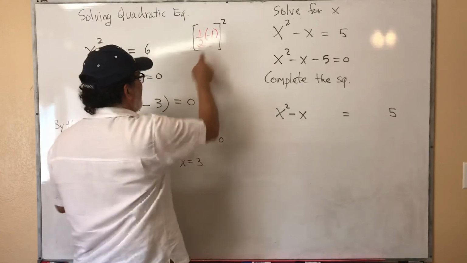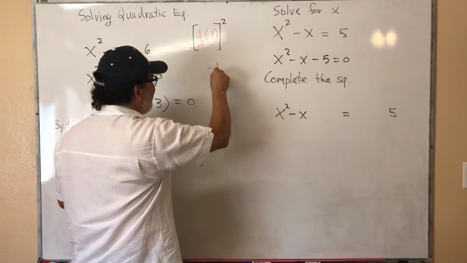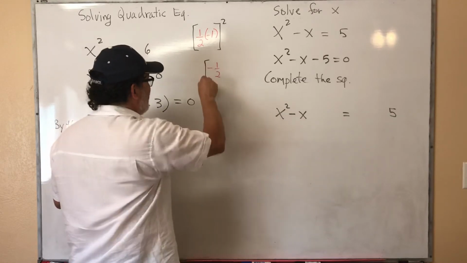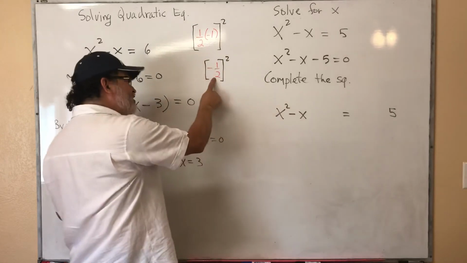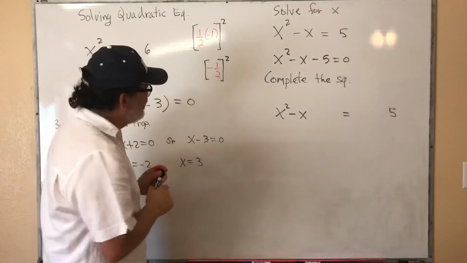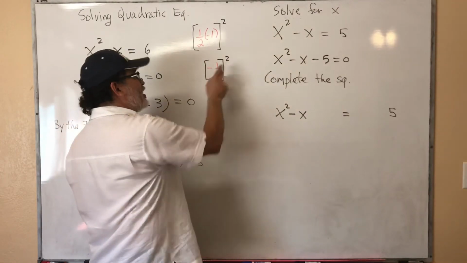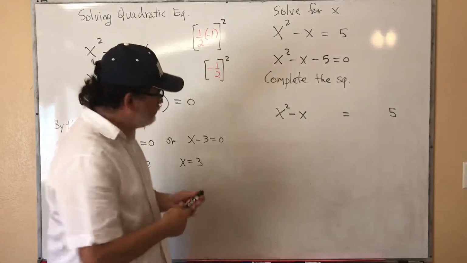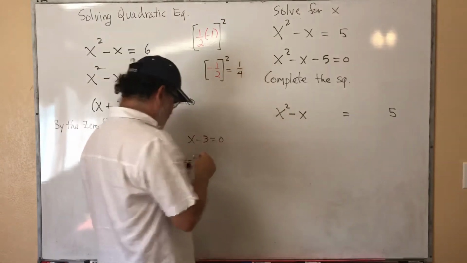So what's half of -1? That's -1/2, quantity squared. I'm going to use this -1/2. Okay, watch this. Anybody knows what -1/2 squared is? 1/4. So this equals 1/4.